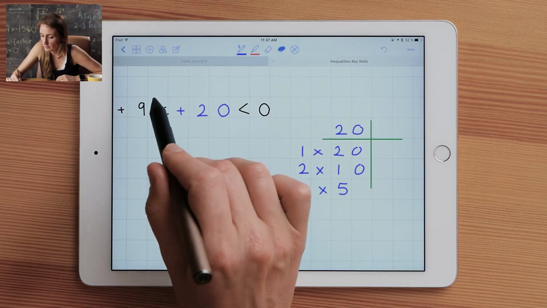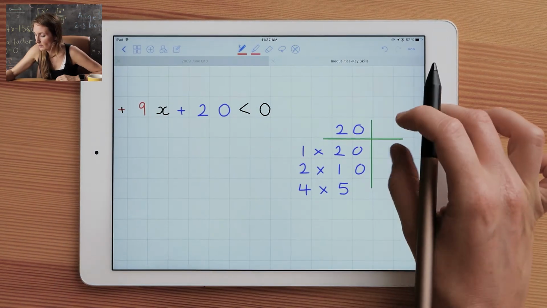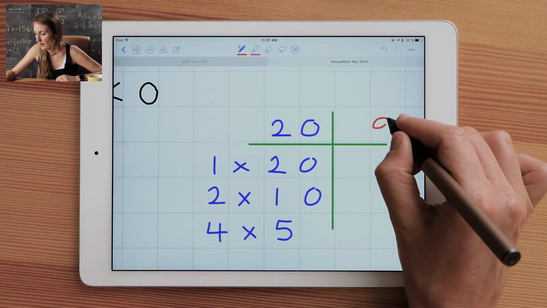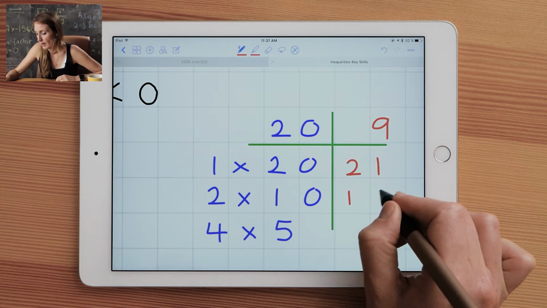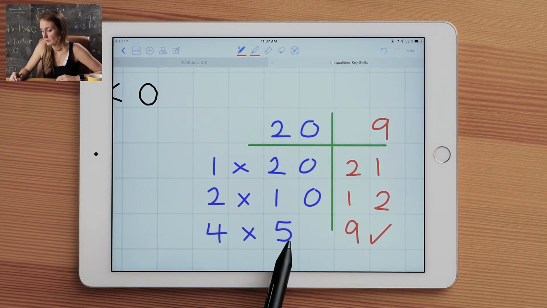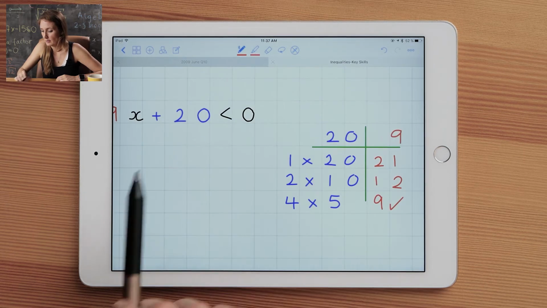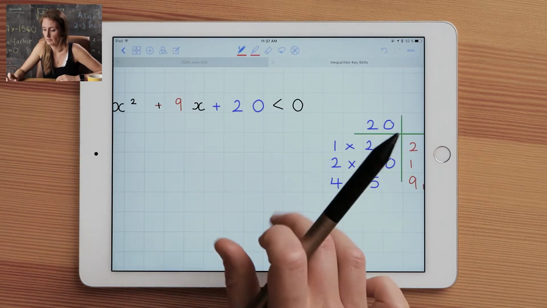However, we want to add up to give us 9. The only one of these that will add up to give us 9, this would be 21, this would be 12, and this one would be 9. So 4 times 5 will multiply to give you 20, but add up to give you 9. That's exactly what we're looking for.